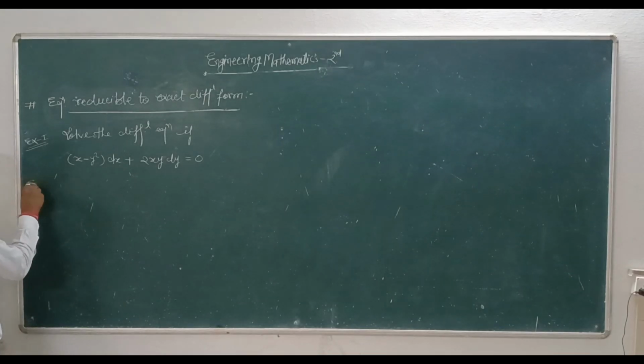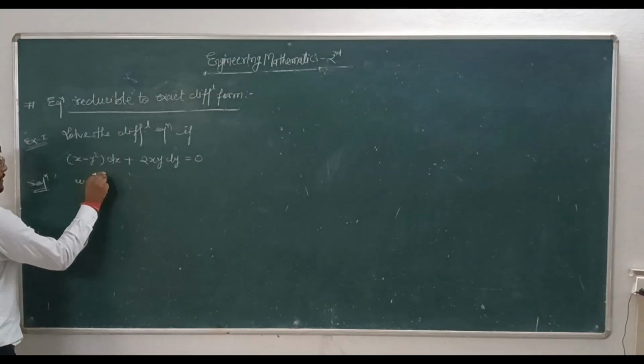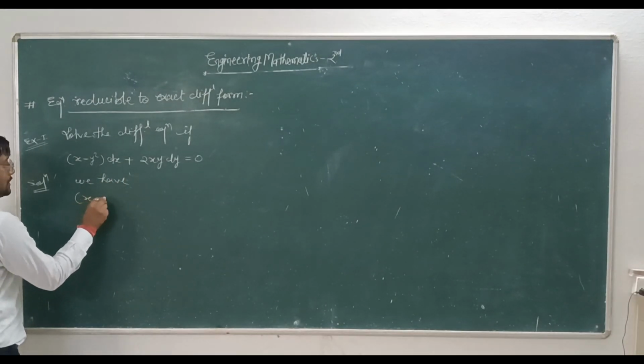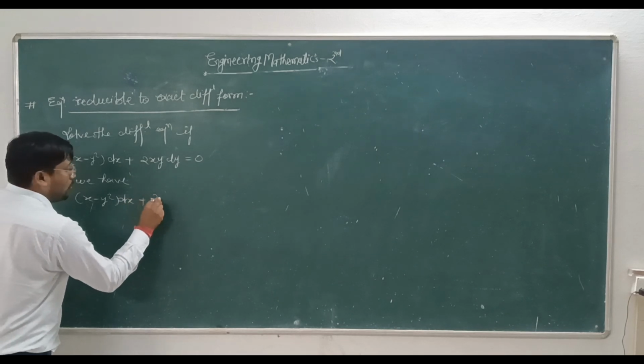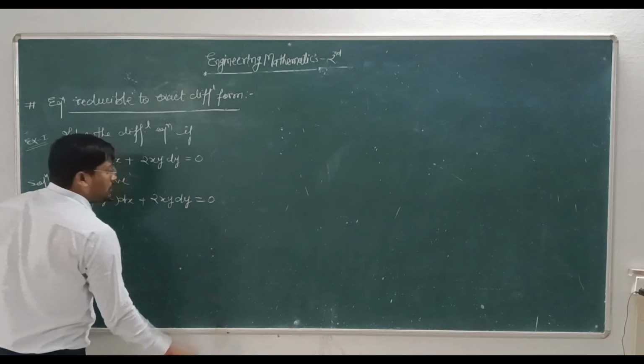Now the solution of this problem. We have (x − y²) dx + 2xy dy = 0.